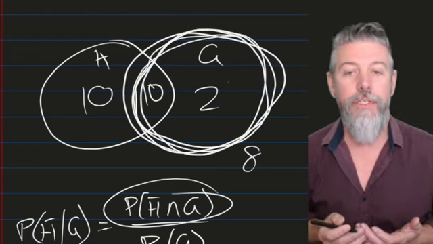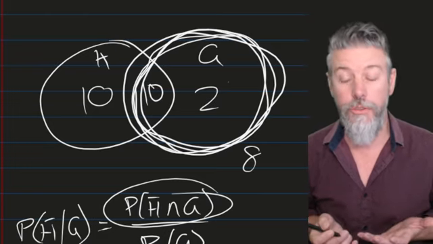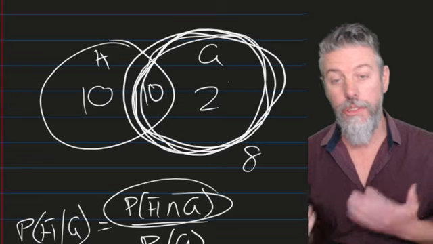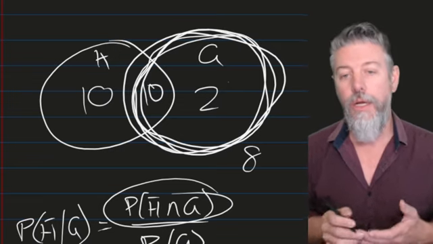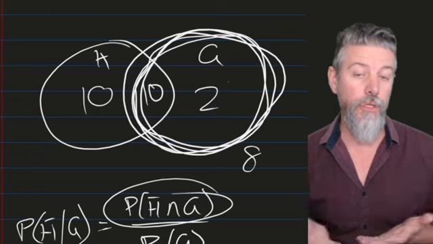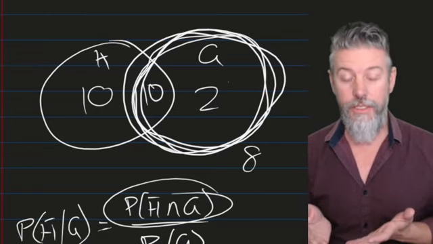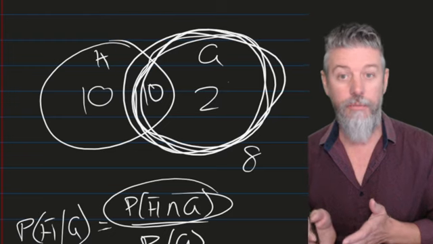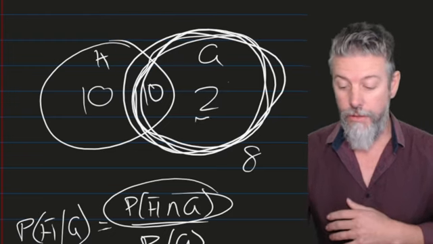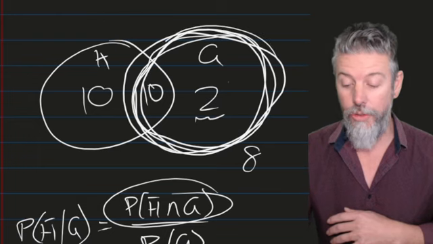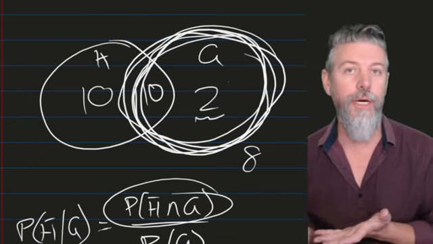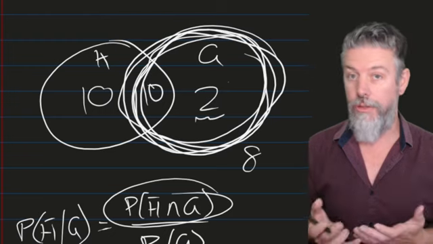And this part of our Venn diagram only has 12 students in it, 10 that study both and 2 that only study geography. And so therefore, the chance of them not studying history in this section of the Venn diagram is just the 2 of them out of the total of the 12 of them. So we can get the 2 out of 12 straight away without using the formula.